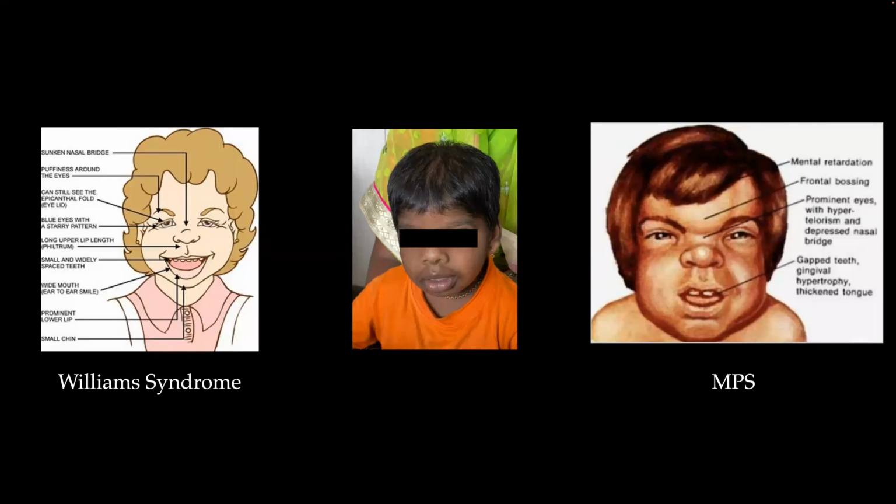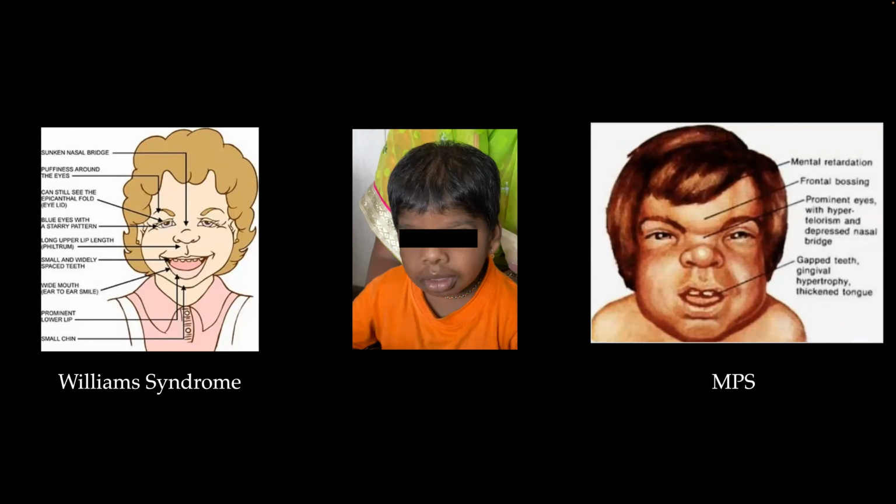This would be very unusual. They have large heads, Sanfilippo and Hurler and Hunter. And you have negative GAG in urine. So this is something else. Yeah, got it, sir.